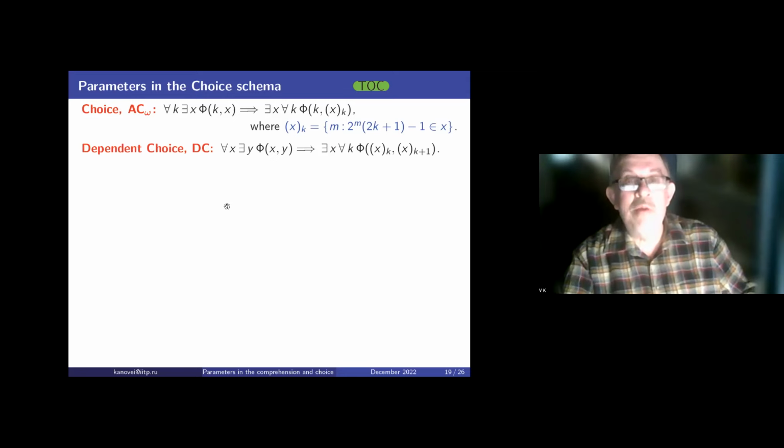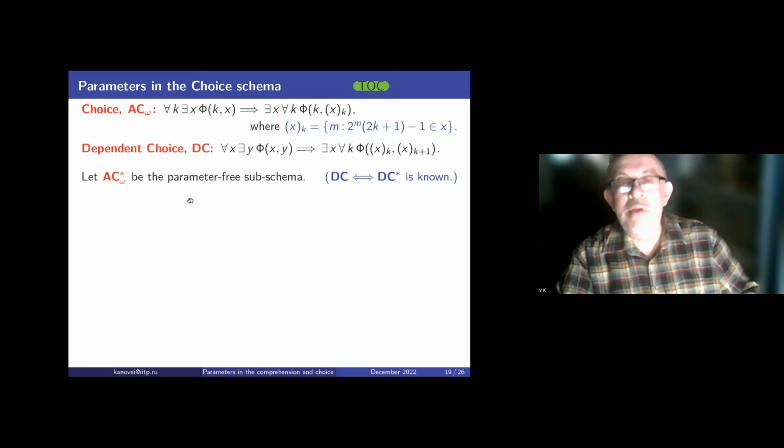These are well-known schemata. Well, AC star, the parameter-free subscheme, and there is no need for DC because it's known that parameter-free dependent choice is somehow equivalent to the full dependent choice.